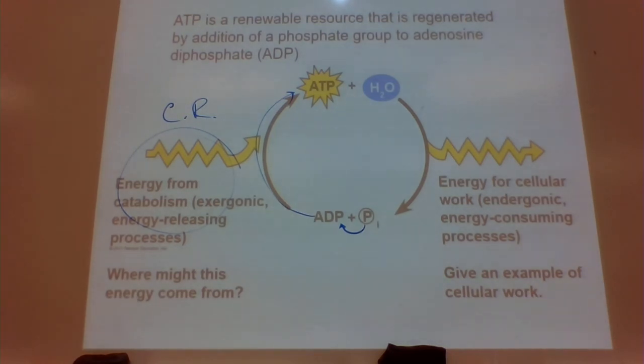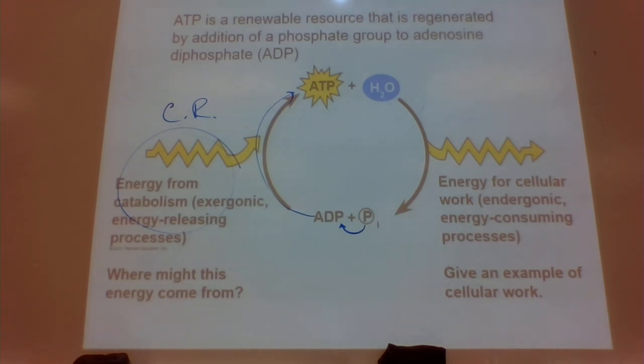Which is why you need a constant supply of what? Food. Because if you don't eat, you can't regenerate ATP. And if you can't regenerate ATP, what happens to you? You die. And you will literally break down every single part of yourself to do this. You'll start with all the sugar in your bloodstream.